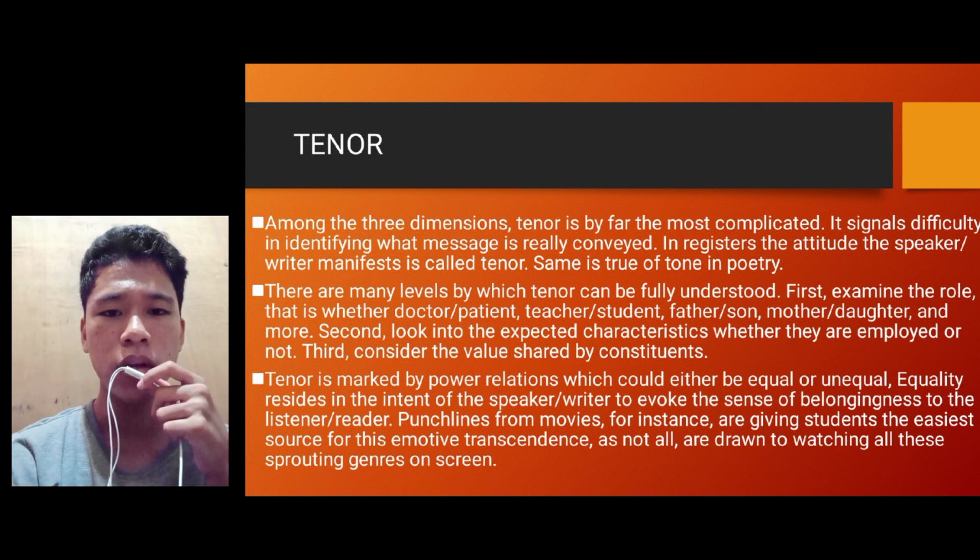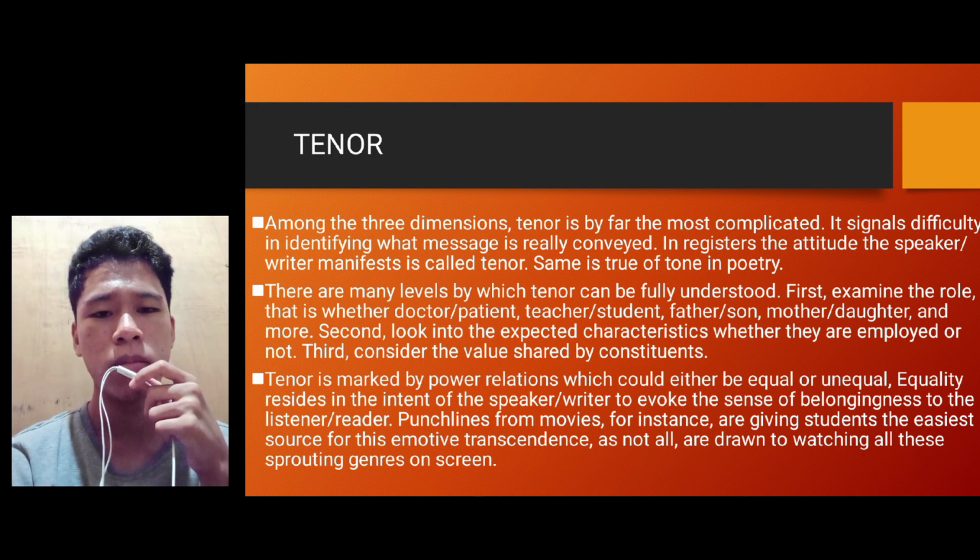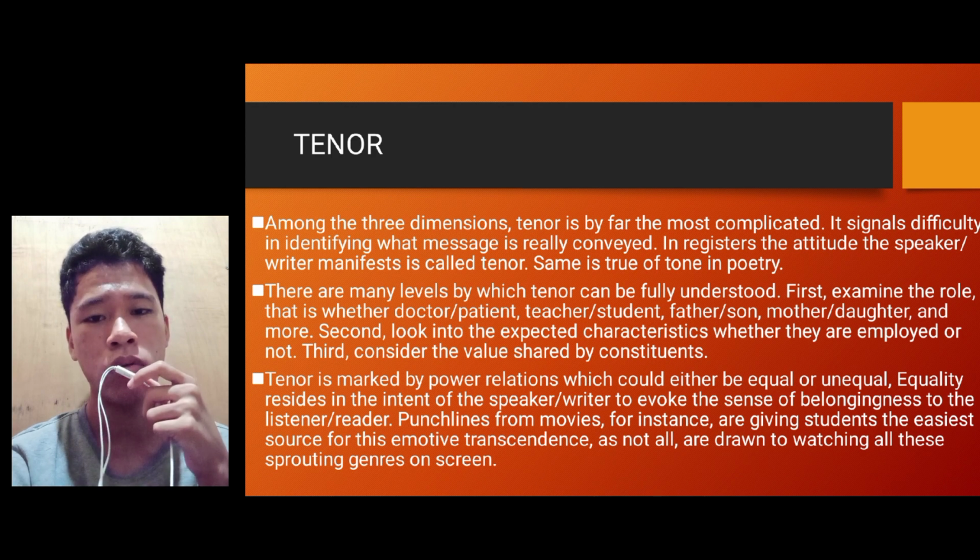Tenor is complicated since it often involves a lot of reading between the lines and reveals information about what kind of person the author is or is pretending to be, how strongly the author believes in the truth of their message, and whether the author and the reader or listener are on equal terms or not.